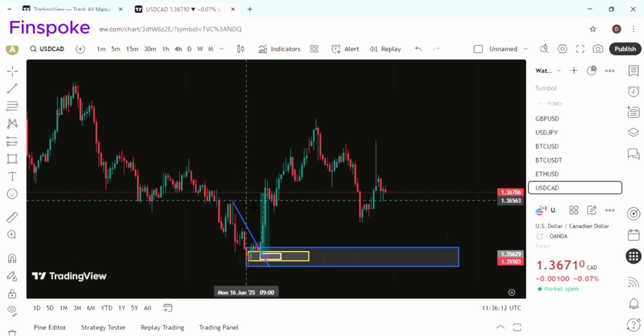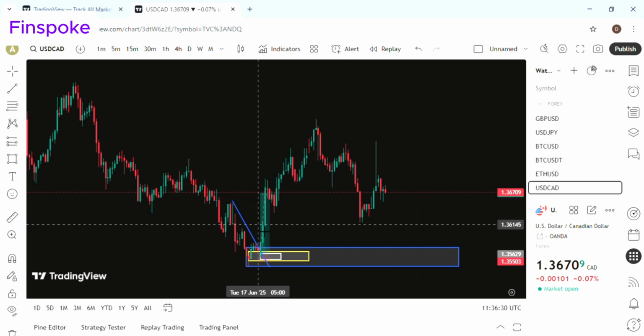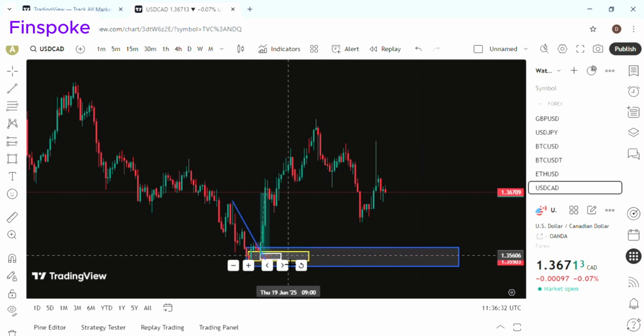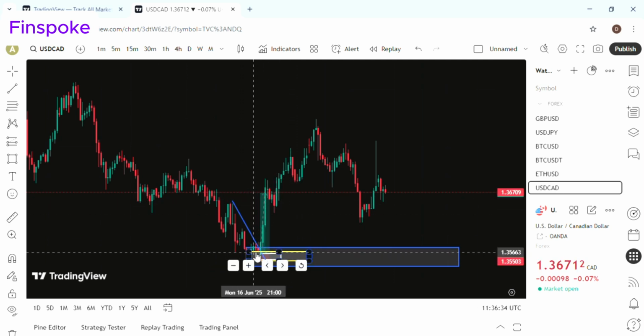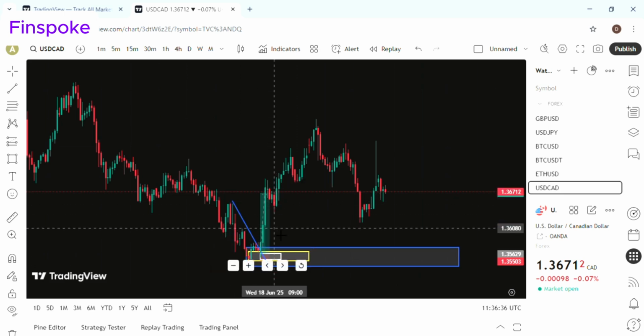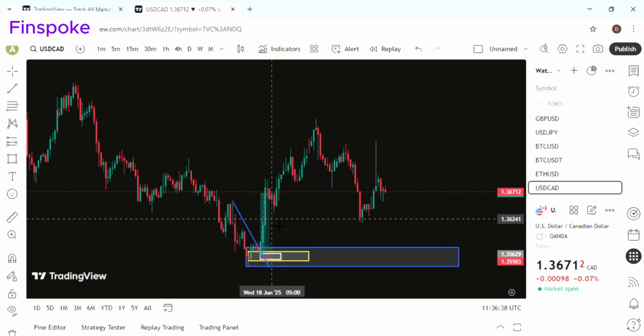I will list the factors in this particular trade that made it a high probability trade when put together. In this particular trade, there is a chart pattern in the form of a double bottom. I'll move down to the lower time frame where you see it clearly.